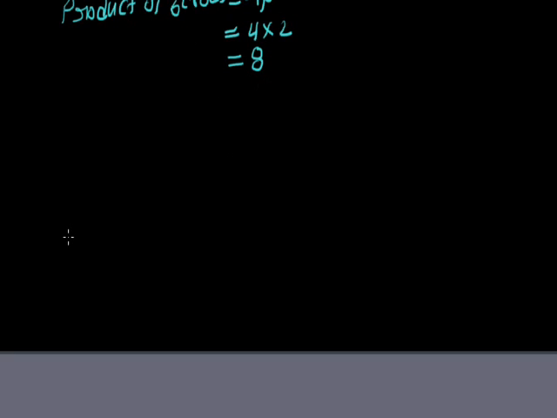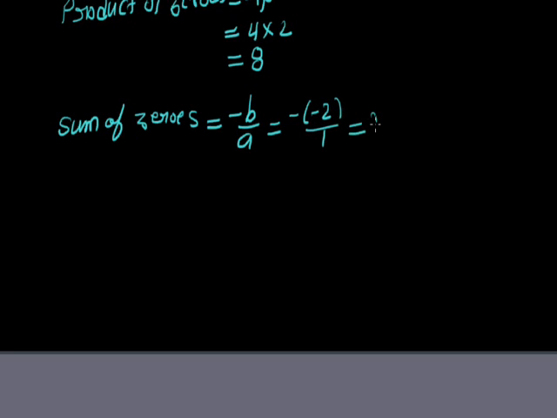Now we want to verify the relation between the coefficients and the zeros. From the relation between the coefficients and the zeros, sum of zeros is equal to minus b upon a, that is minus of the coefficient of x, minus 2, divided by 1, that is equal to 2.